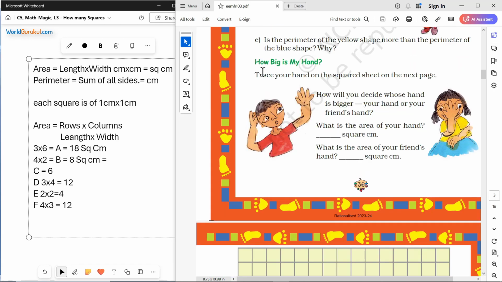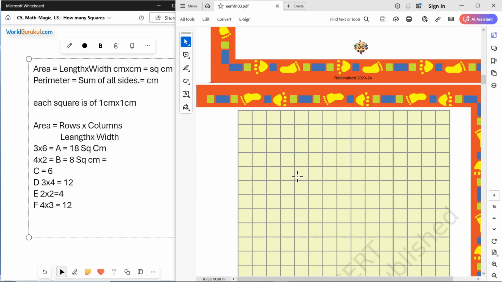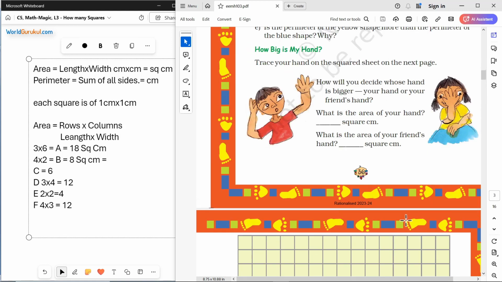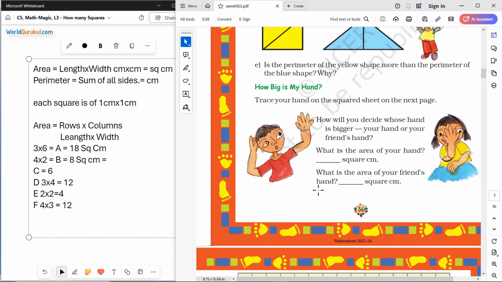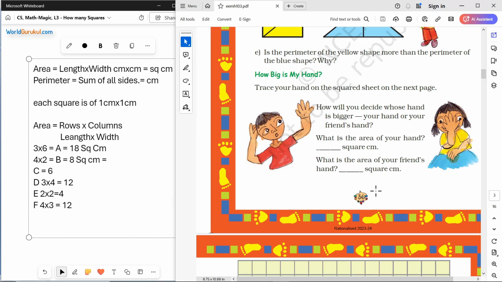Okay, how big is my hand? You can trace your hand on this paper, and ask your friend also to trace his hand, so you'll find out which one is bigger. By the appearance you can tell, and also by counting the number of squares. So count the area of your hand in terms of the number of squares, and your friend's.